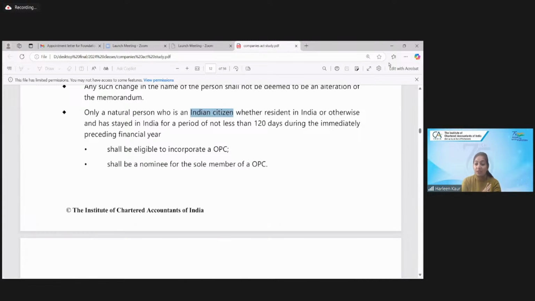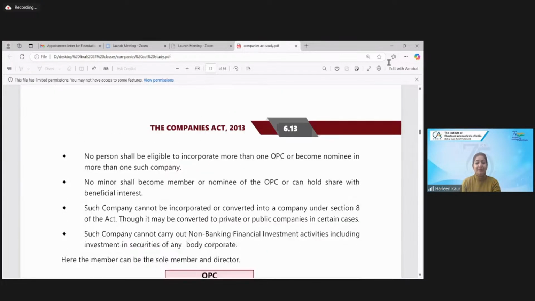If Mr. A is opening an OPC and Mr. John, a foreign citizen, can he be my nominee? Yes or no? Mr. B is a foreign citizen. No, he cannot be my nominee if he's a foreign citizen. Okay. Understood, Gauri? Thank you, ma'am. Okay, welcome.